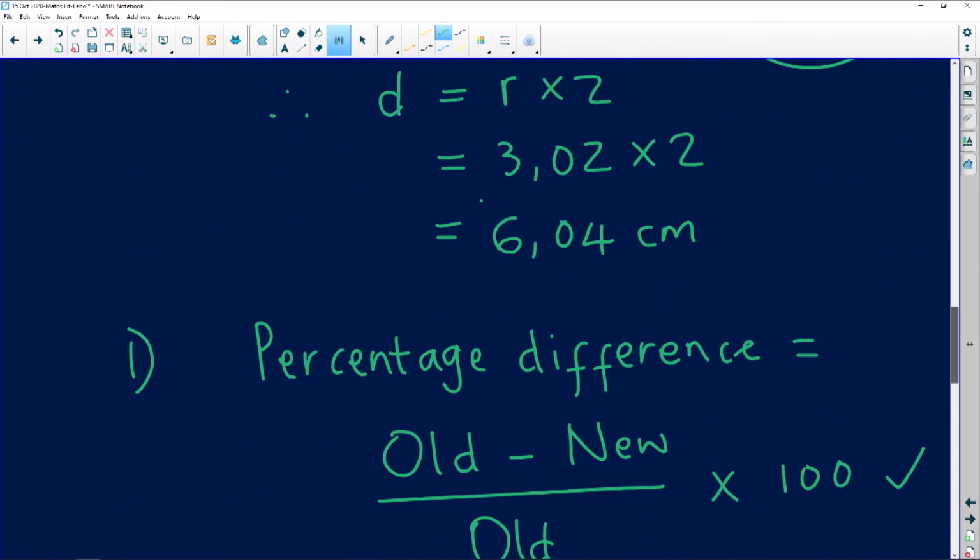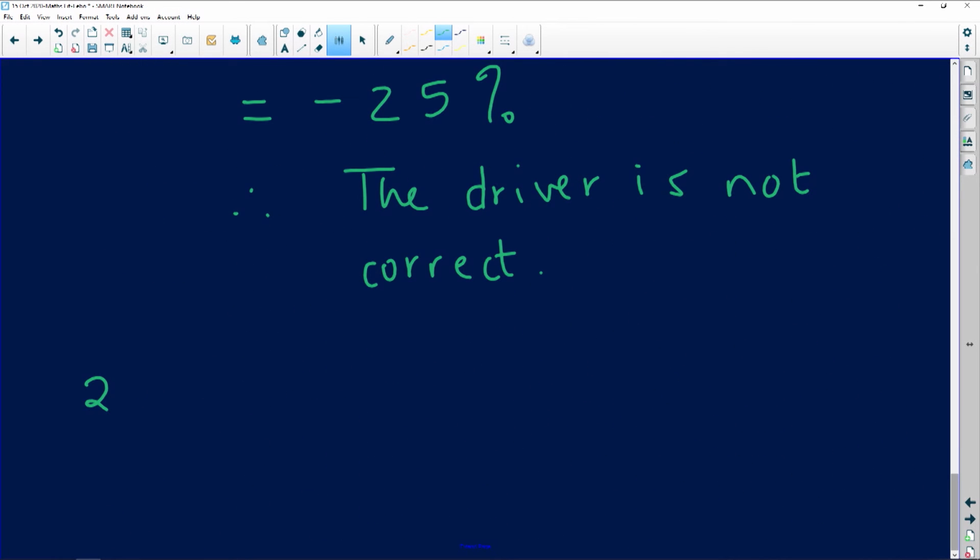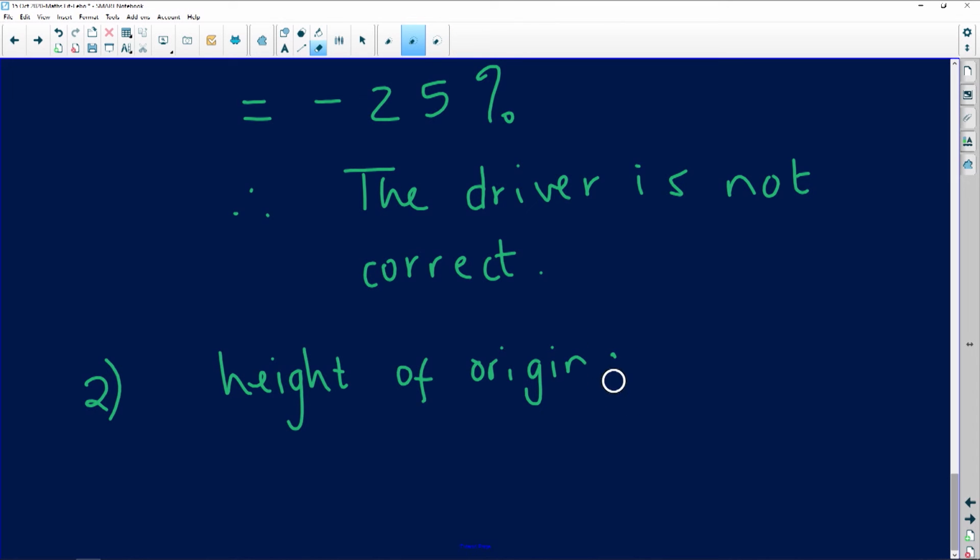How we're going to do this, it means that we need a scale from it, and then we need to determine how to work it out from there onwards. This is how I would do it. I'm going to call that 2, and I'm going to say height of original versus the height of the model, because that's what I've been given.